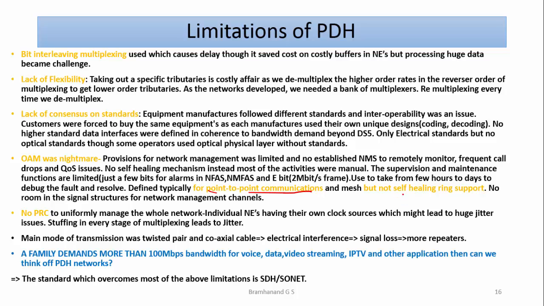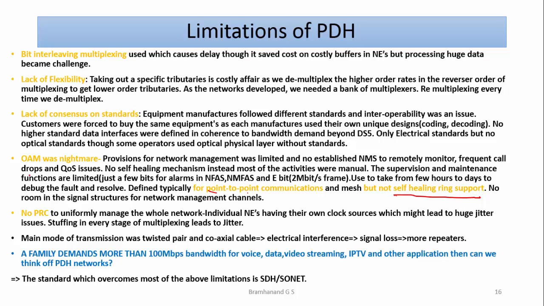The absence of a self-healing ring itself is the biggest limitation of PDH. And there were not many bits or bytes in the frame structure for network management functions. There were signaling channels, but network management channels were missing from the frame structures of PDH.